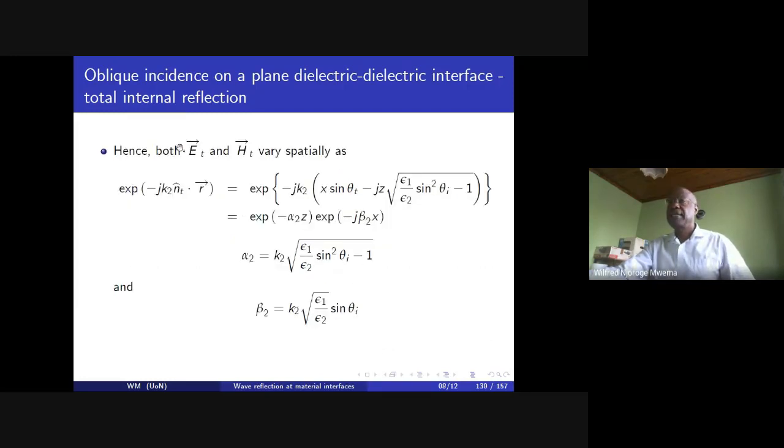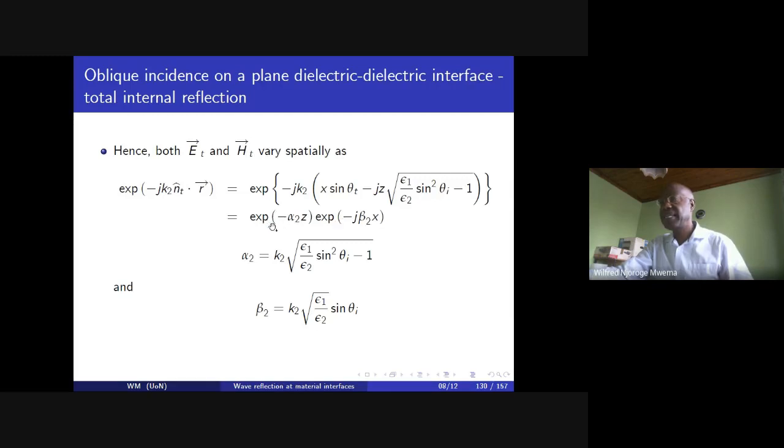Hence, both the transmitted electric and the magnetic field intensity will vary spatially as the exponent of minus j k2 nt dot r, as we saw before. And once we use the value of nt that we have obtained, we'll get that equation there.